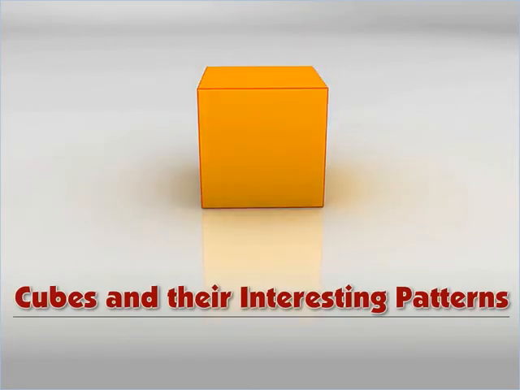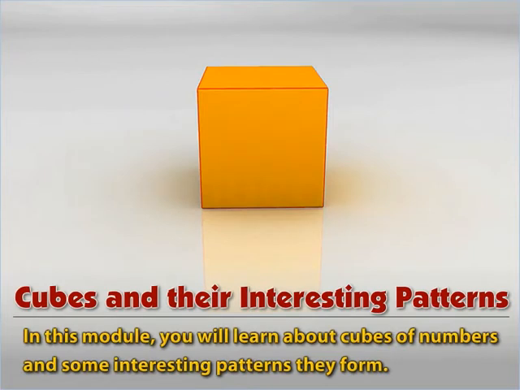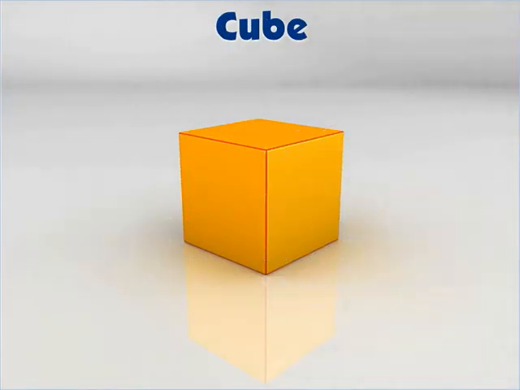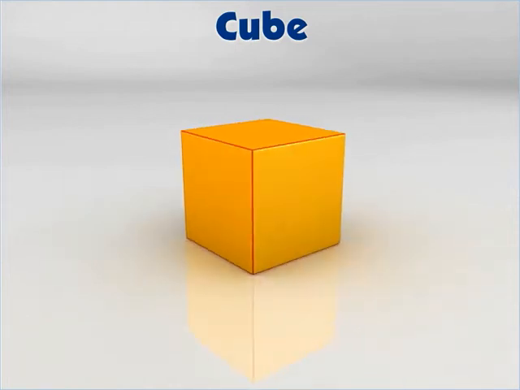Cubes and their interesting patterns. In this module, you will learn about cubes of numbers and some interesting patterns they form. You already know that a cube is a solid bounded by 6 identical squares.